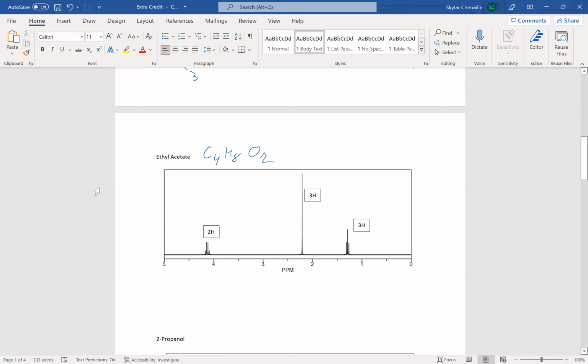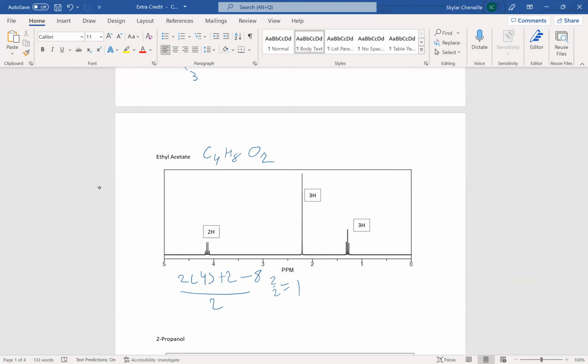So that's going to be 2 times 4, because there are 4 from the carbons, plus 2, and then minus 8, all divided by 2. So this up here is going to be 8, 2, so 2 over 2 is equal to 1.